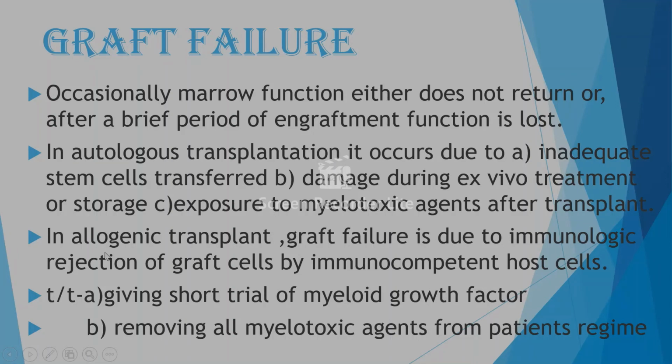The cause of graft failure in allogenic transplant could be rejection by an immunological reaction from the immunocompetent host cells. Treatment is a short trial of myeloid growth factors and removing all myelotoxic agents from the patient's regimen.